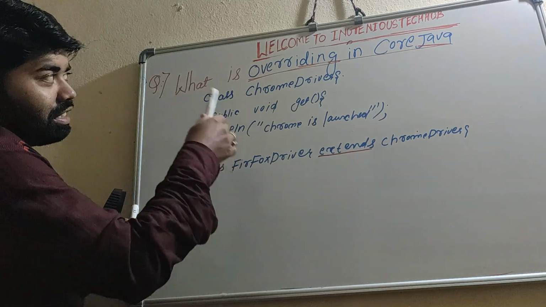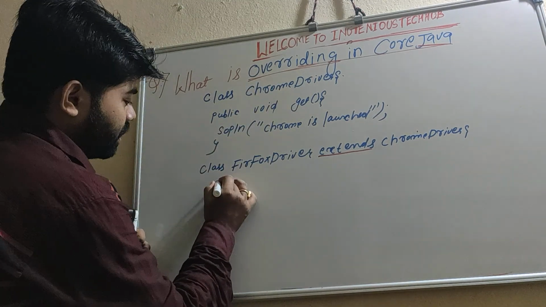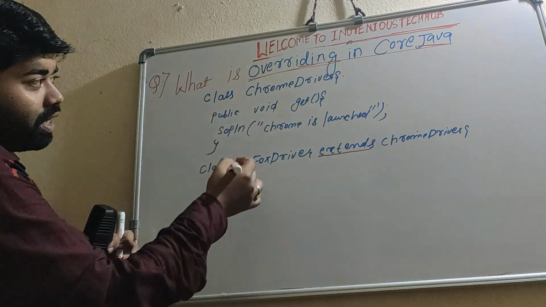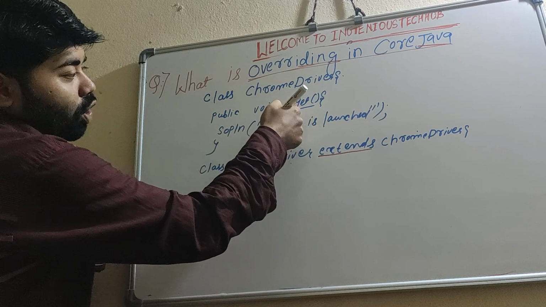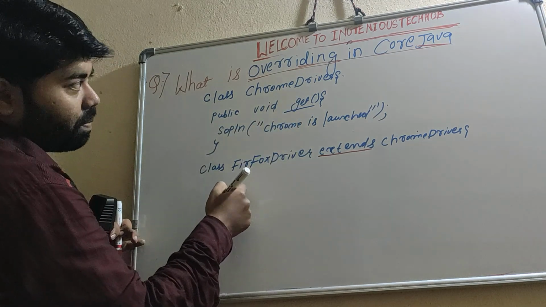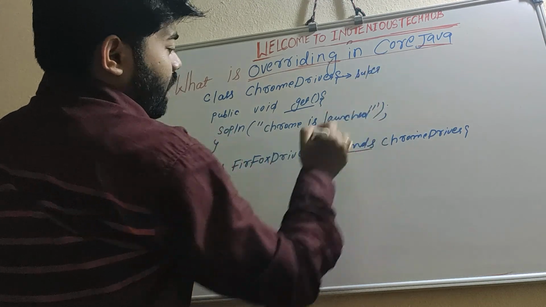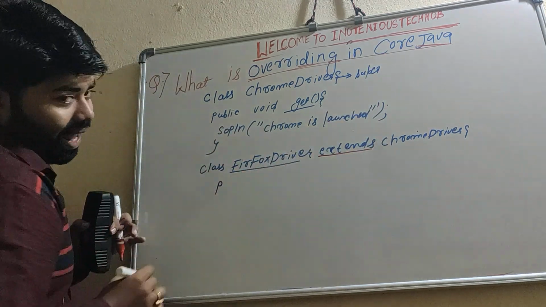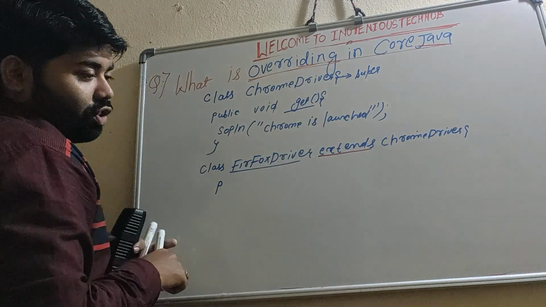Here we are discussing the overriding concept. Overriding means redefining the same non-static method in a subclass. This class is called the superclass and this class is called the subclass. This concept we'll discuss in inheritance.